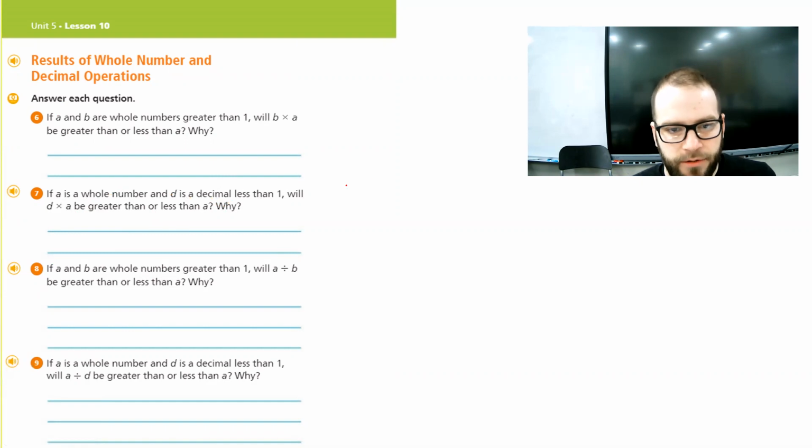So D, any decimal, we love 0.5, times a whole number, let's go 3. Will the answer be more or less than A? More or less than 3?